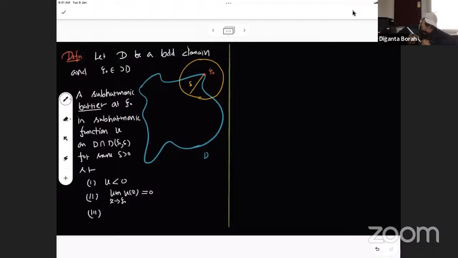And at other points of the boundary, for example, say somewhere here, you take any other point. Here, of course, the limit may not exist, but what I want is that the lim sup of U(z), z going to zeta, is again strictly negative, for zeta on the boundary of D intersected with this disk.